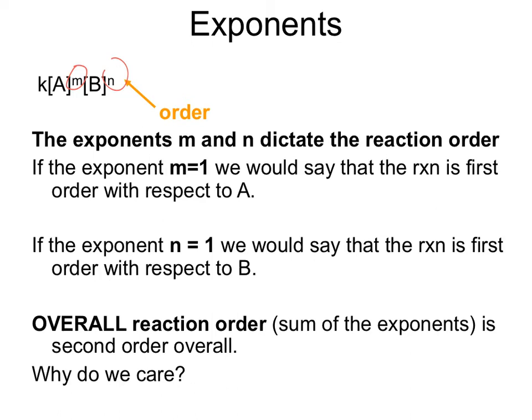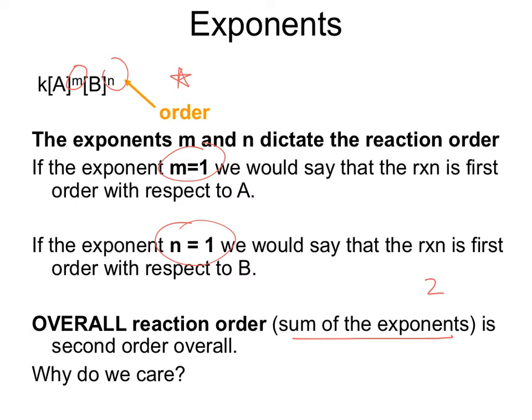If I have an exponent of m equals 1 for this rate law, we would say that the reaction is first order with respect to A. If our exponent n is equal to 1, we would say that the reaction is first order with respect to B. Now, the reaction order overall is going to be the sum of those exponents. So in this case, 1 plus 1 gives us 2, so that would be second order overall.